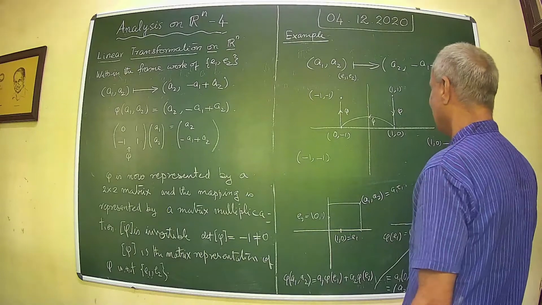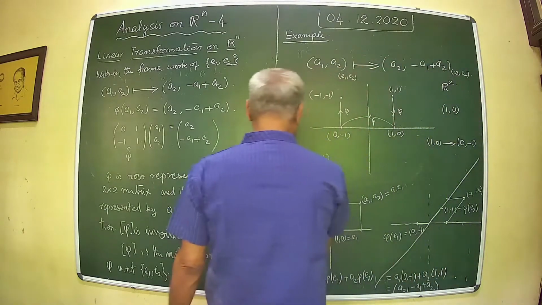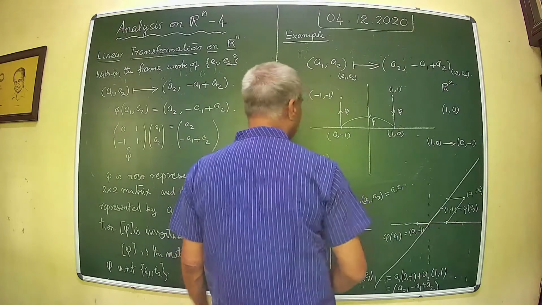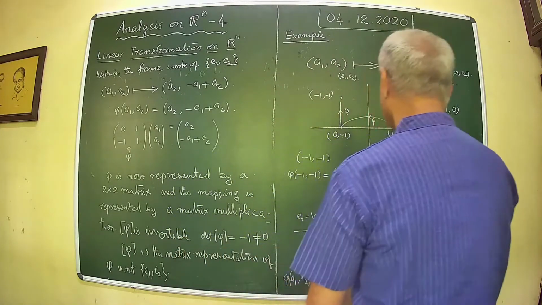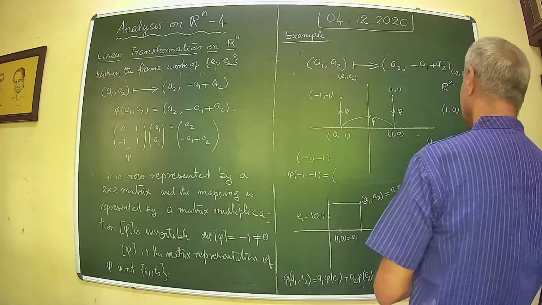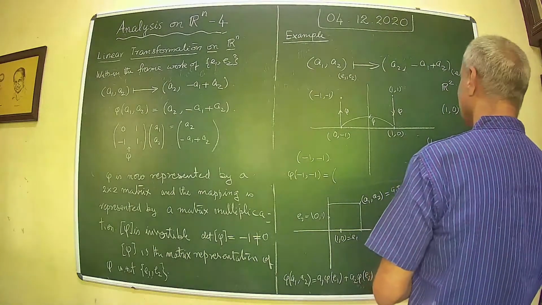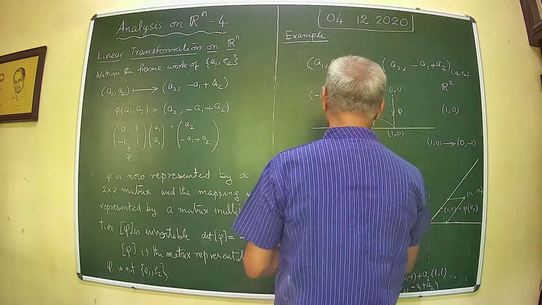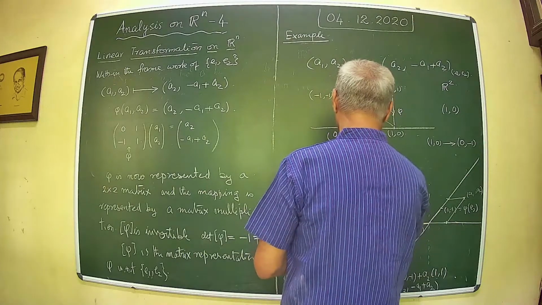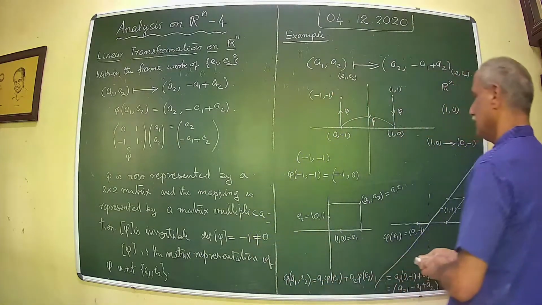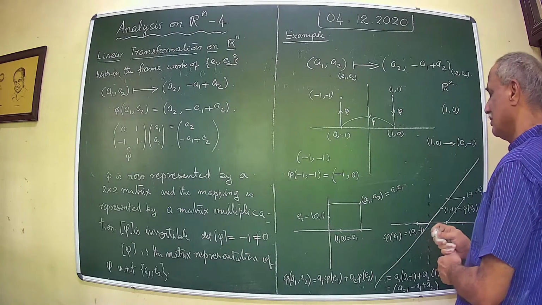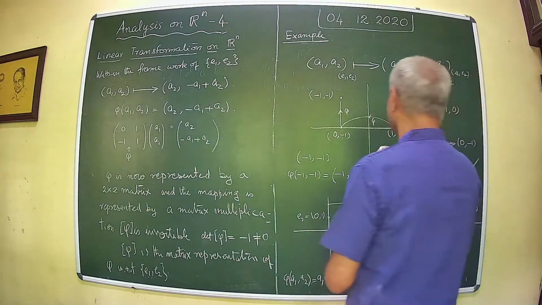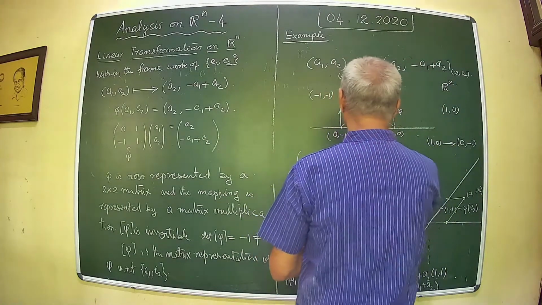Okay, now compute this. So what is phi of this? This is equal to minus 1, 0. So this is equal to minus 1.